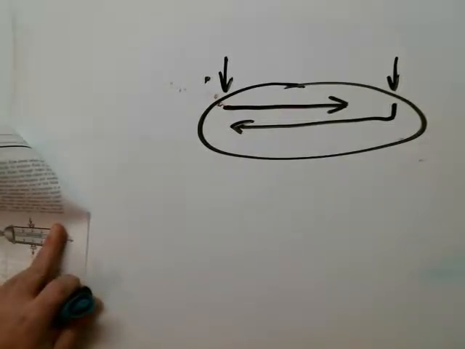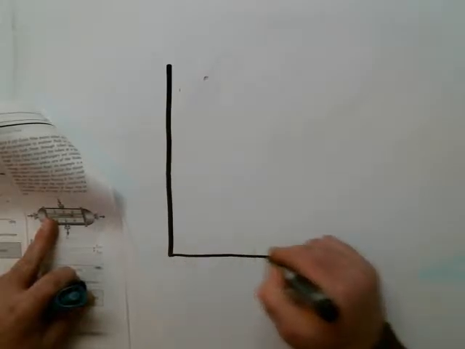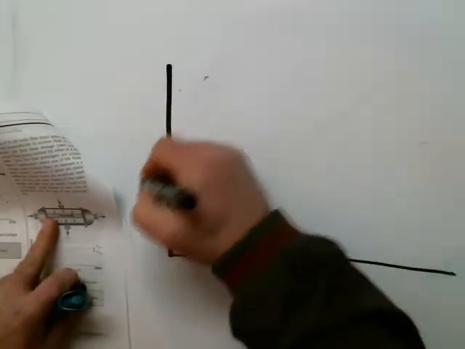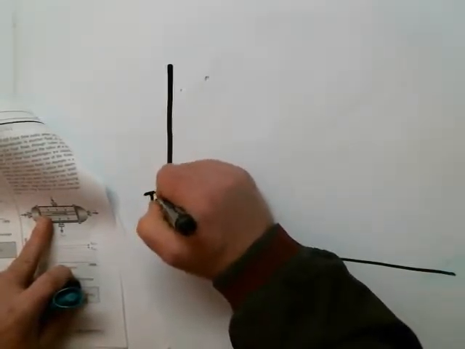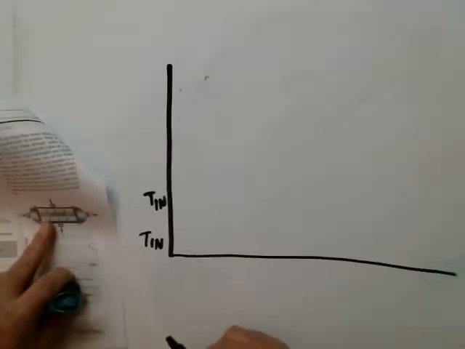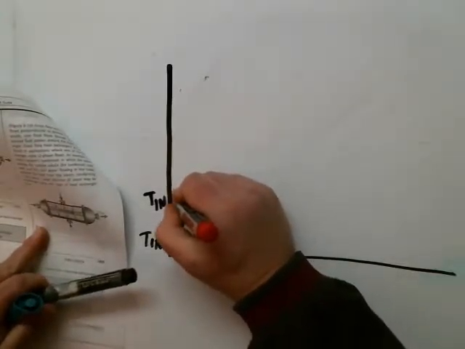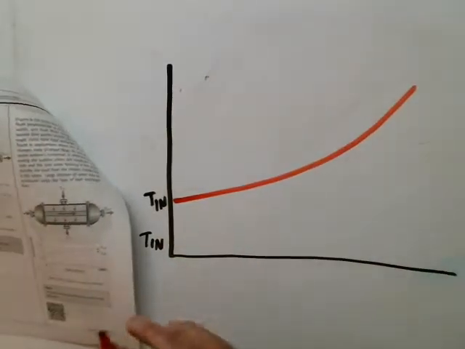They're flowing in opposite directions versus parallel flow where they're both going in the same direction. Well, that's going to change the temperature profile. And you'll see T in, and it results in this.